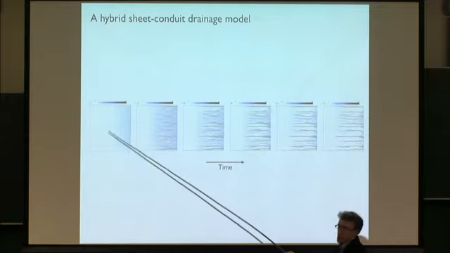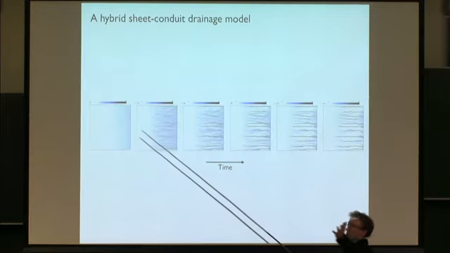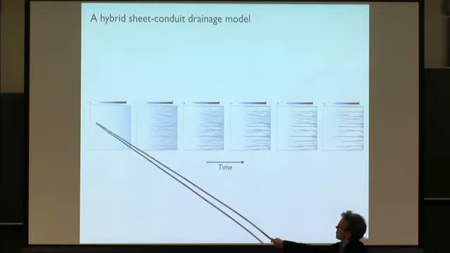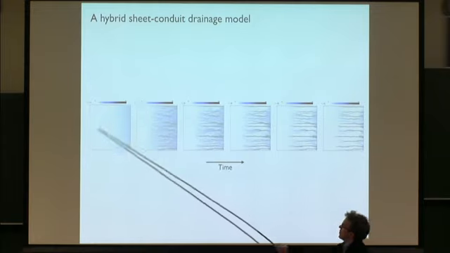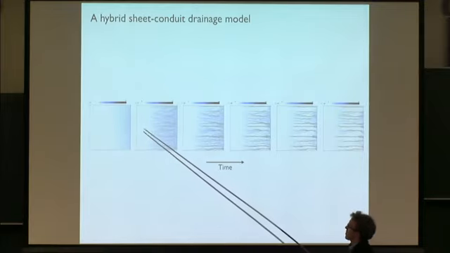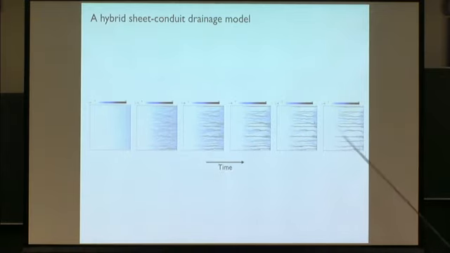If you start off with a uniform state, there's a uniform source of water here. Imagine it coming from here, sort of raining down everywhere, and the flow is from left to right. So you collect in water as you go down the glacier, which is going to the right, and over time you find that these things compete with each other, as I was saying, and they localize into this sort of pattern.